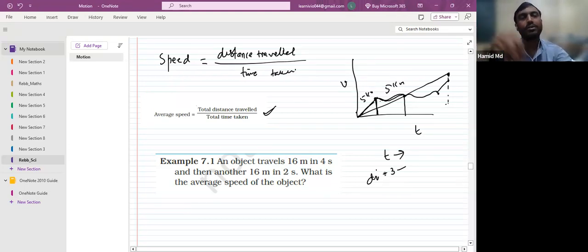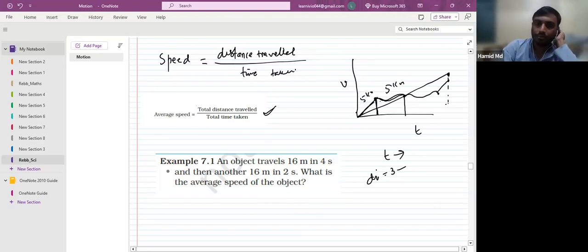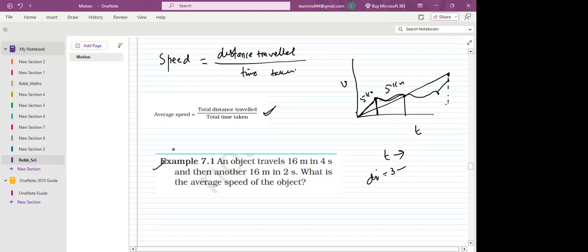So average speed is the total distance spread over the total time interval. If you understand the concept of average speed and this formula, can you do this example?